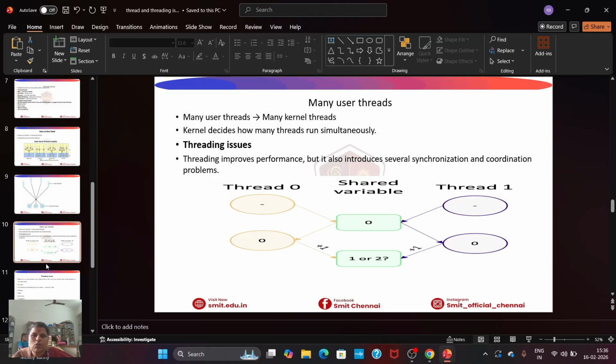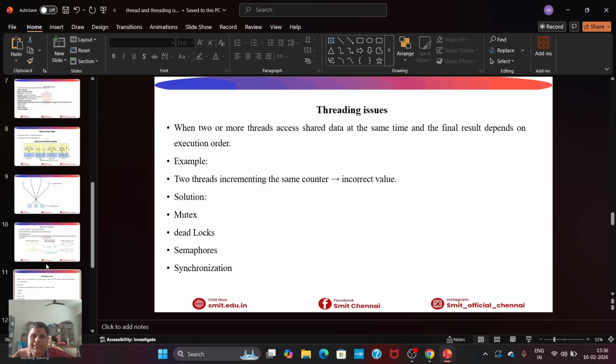The kernel decides how many threads run simultaneously. Then, when two or more threads access shared data at the same time and the final result depends on execution order, it is called a race condition. For example, two threads incrementing the same counter give an incorrect value.